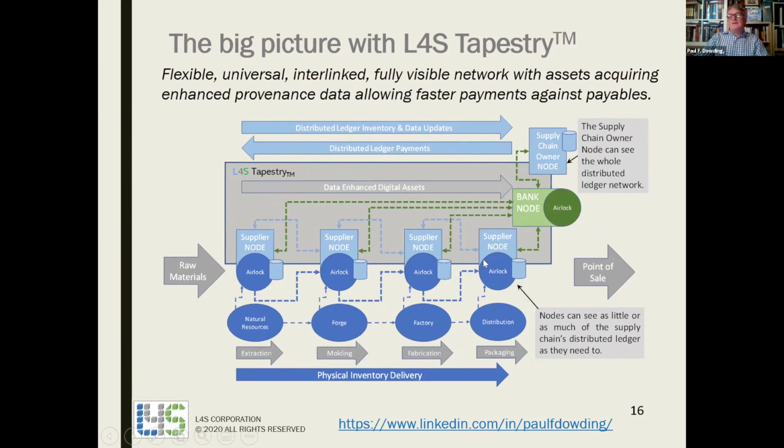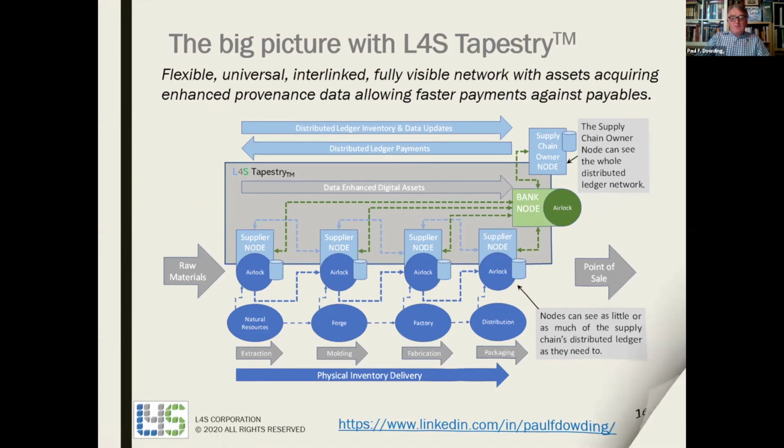So you can limit access, but the owner or the interested party can see the whole blockchain or the whole network. And if this is particularly sensitive or external data, then if they're still using the same format, they can provide aggregate data to interested parties on a permission basis.